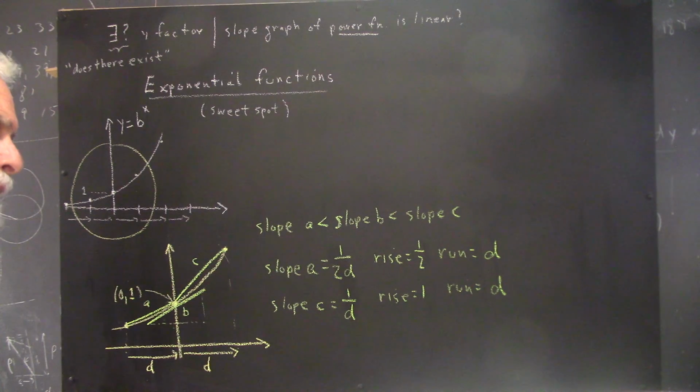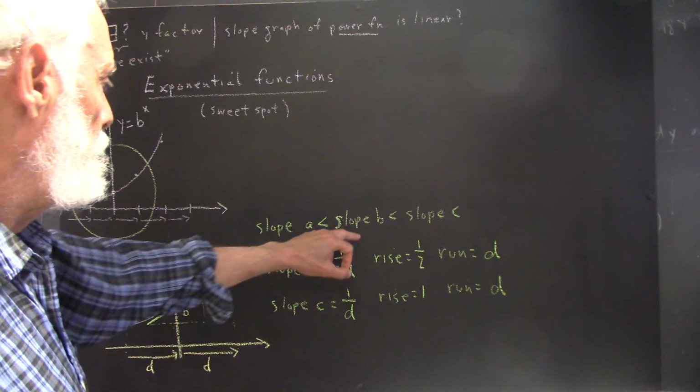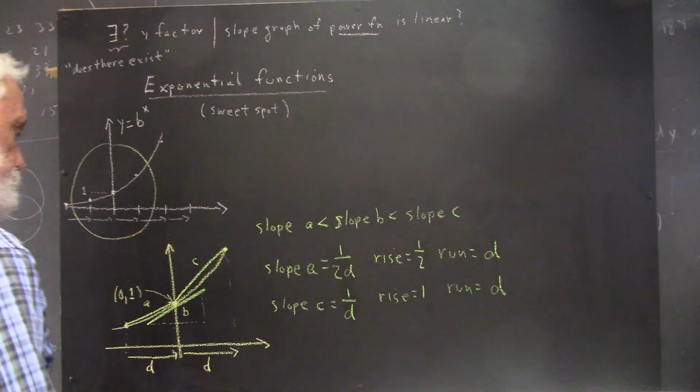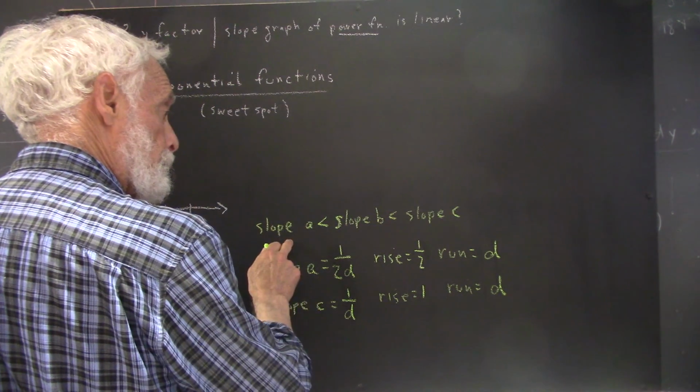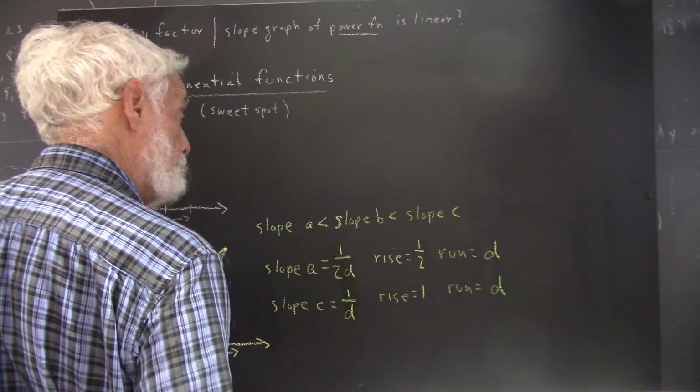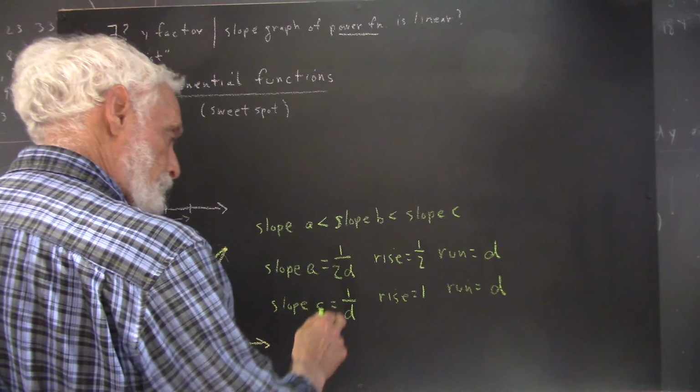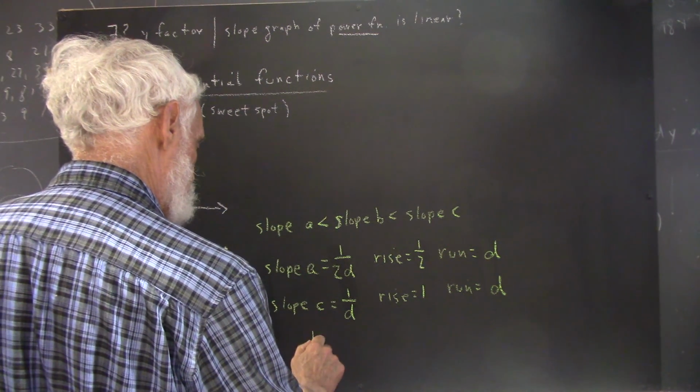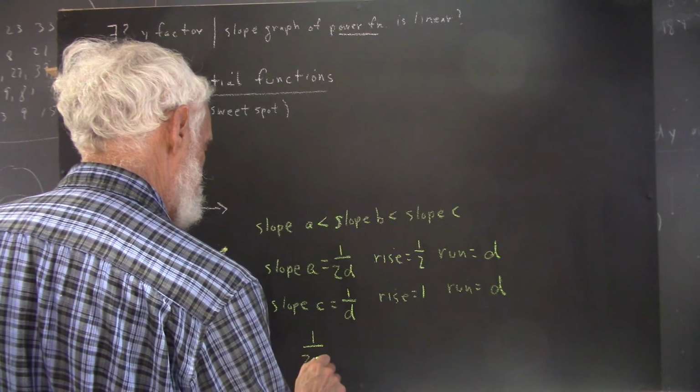So now we can say that the slope at B is greater than the slope at A, which is 1 over 2d, and less than the slope at B, which is 1 over d.